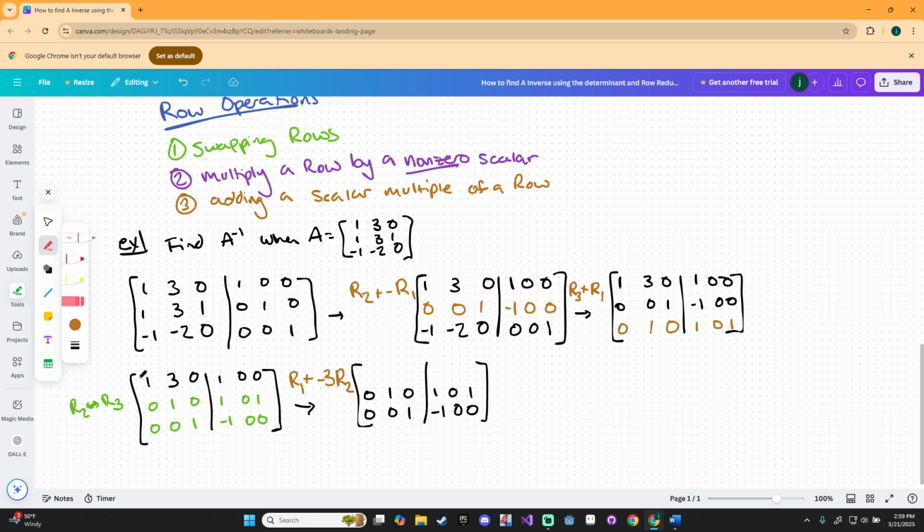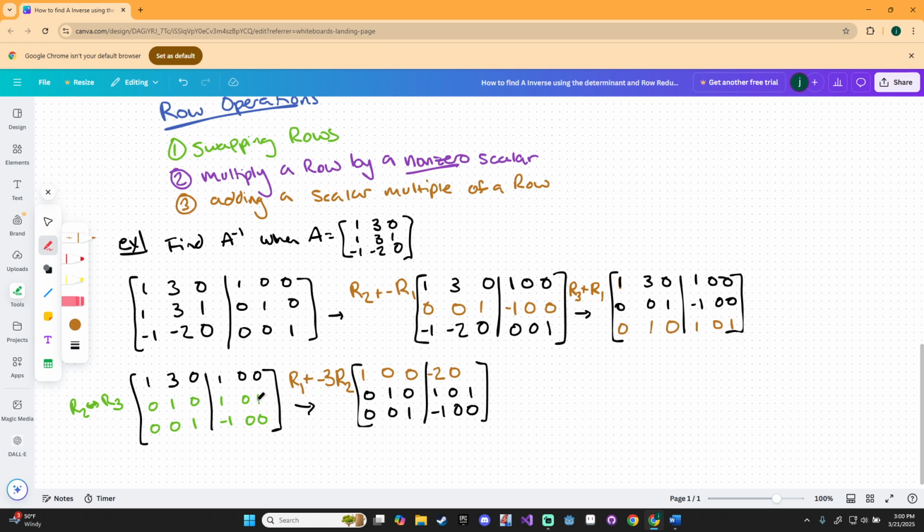So R1 plus 0, 1. 3 plus negative 3, 0. 0 plus 0, 0. Now we got 1 plus negative 3. It's going to be negative 2. 0 plus 0, 0.